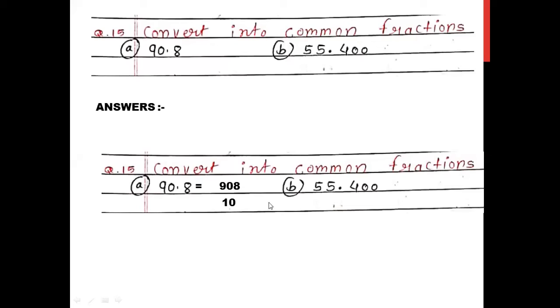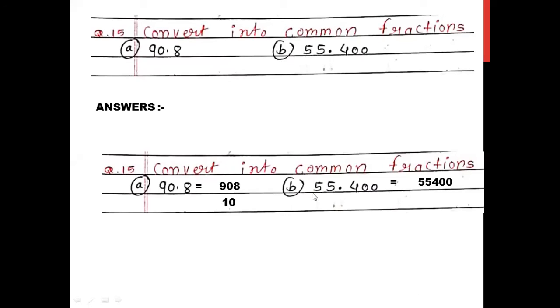Understood? Yes. Now this number is without decimal point. So decimal places are 1, 2, 3. But the number is 55.400.